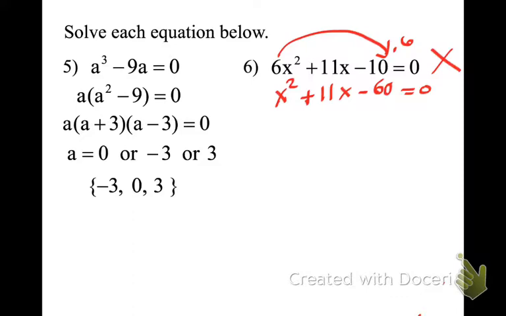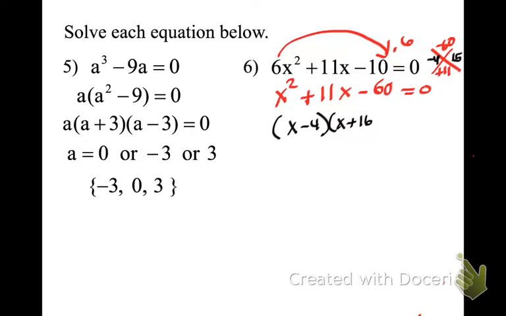What multiplies to -60 and adds to +11? 15 and -4. So I'm going to factor it by doing x minus 4 times x plus 15.